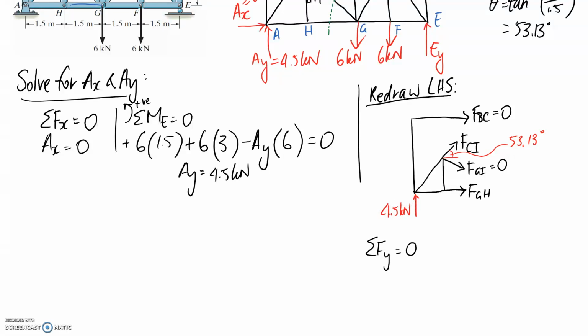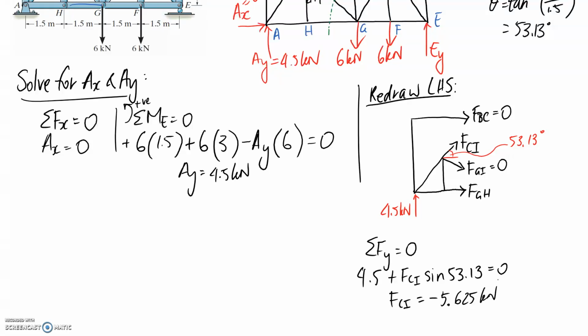So we're going to have 4.5 kilonewtons going up. This is 0 and this is 0, so they don't contribute to the equation. FGH is only in the x direction, so it's not in either. All we've got left is FCI, and it's going to be the sine side of the triangle. So if we solve for FCI, we can work out that it's going to be a negative, which means we got the direction wrong, 5.625 kilonewtons.